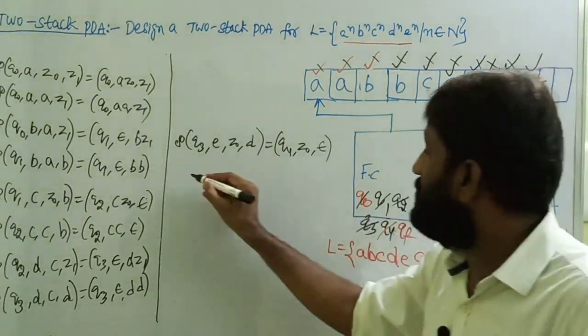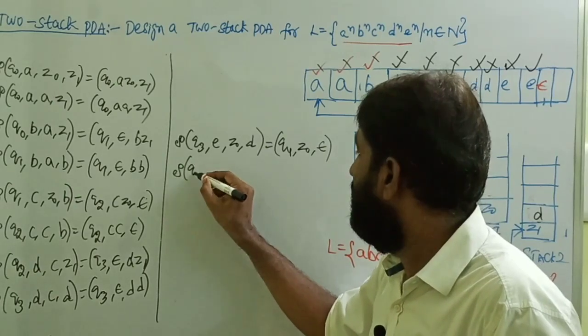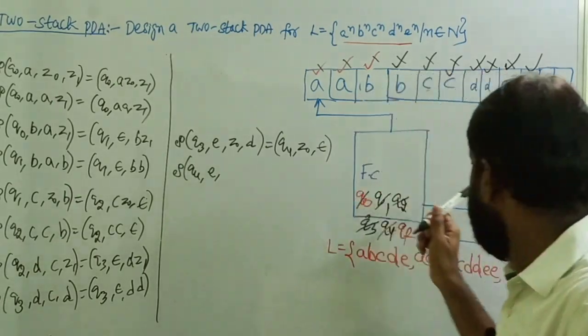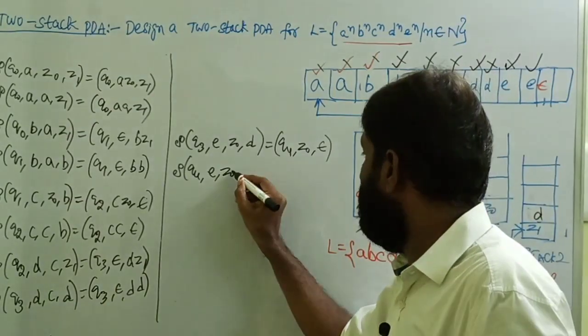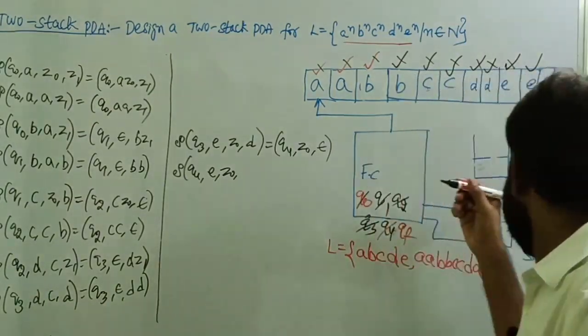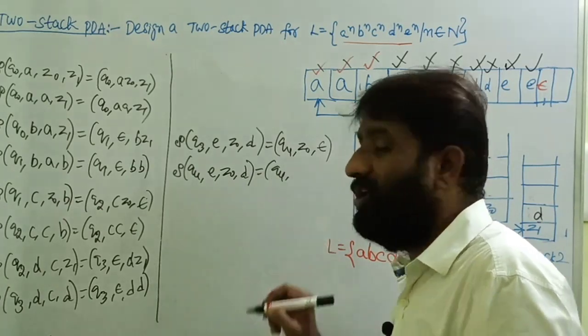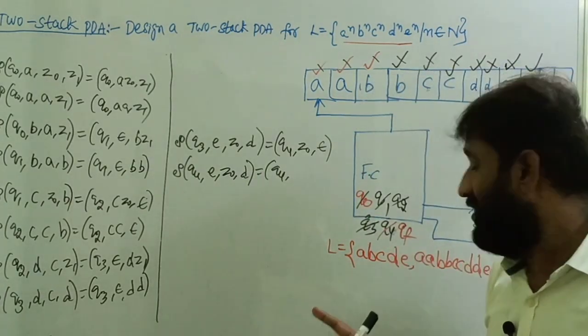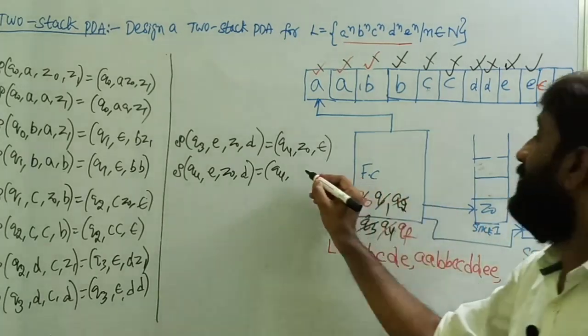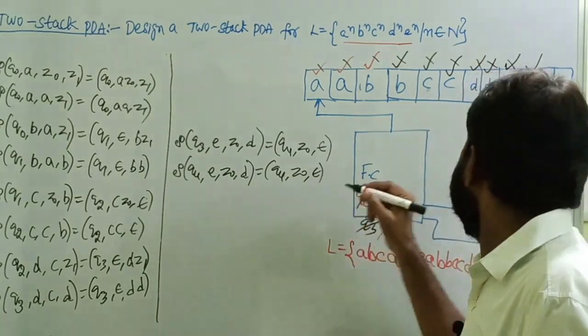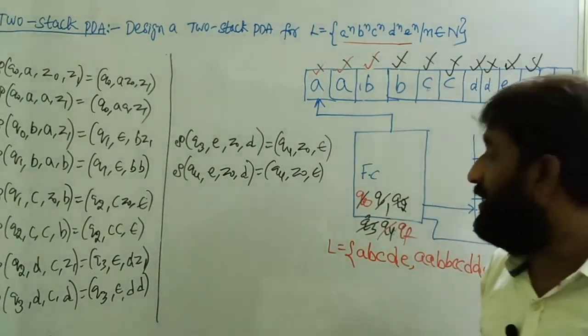One more E is there. So how we have written it: transition of Q4, E, top of the stack 1 is Z0 and top of the stack 2 is D, equals to remains on the same state by doing pop operation on stack 2. Okay. So Z0, comma, epsilon. For E, remove D. Then next.